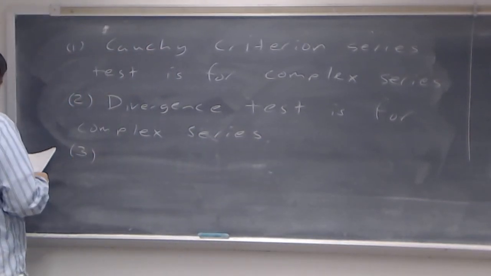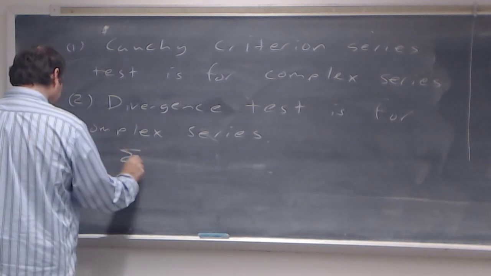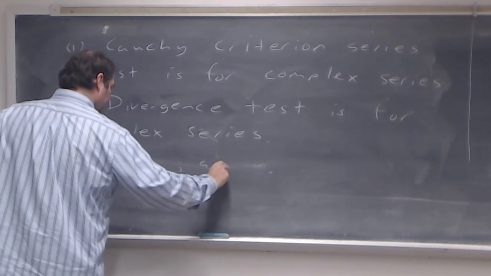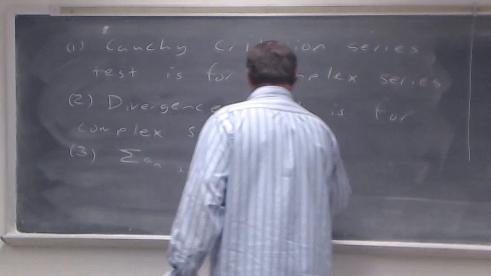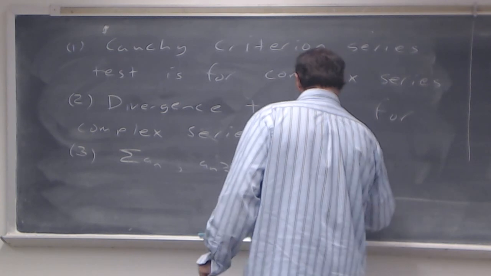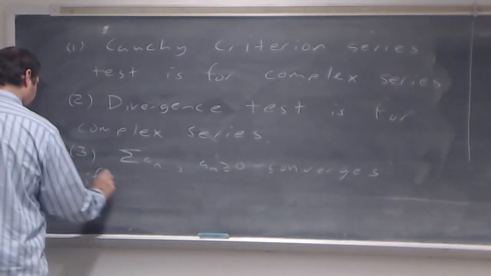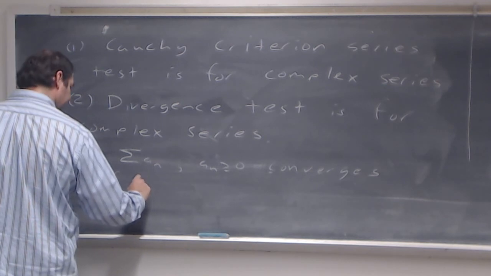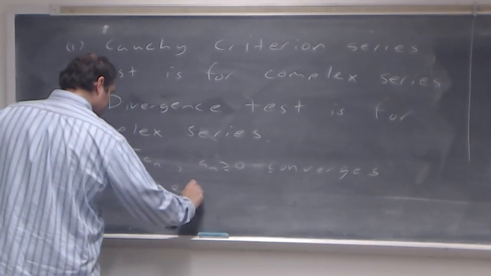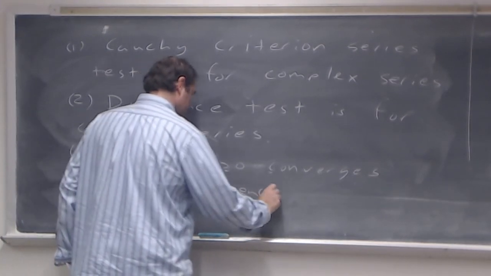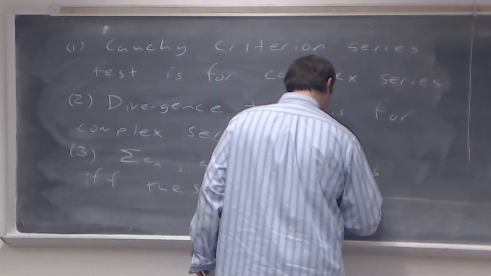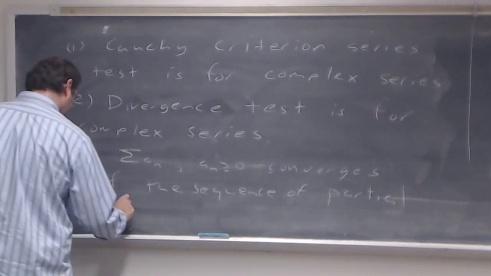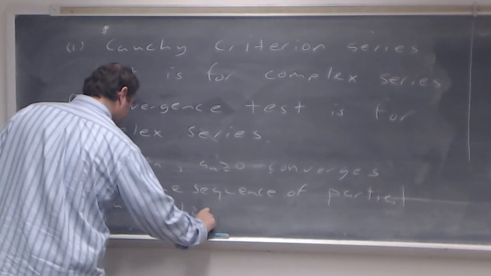Three, this series of a sub n, with a sub n being greater than or equal to 0, converges if and only if, we got to bound it, if the sequence of partial sums is bounded.